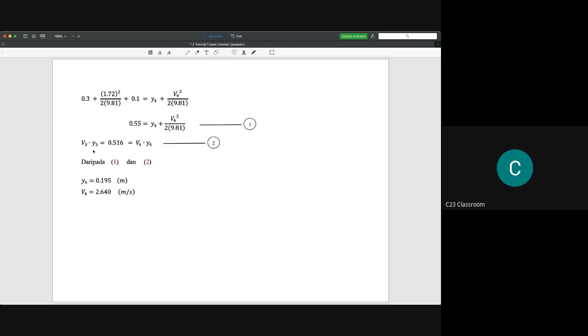V3Y3 is equal to 0.516, which we calculated previously, and it is also equal to the flow rate at point number 4. So we have 0.516 equals V4Y4 as equation number 2. Then we could use these two equations to calculate the values of Y4 and V4 as shown here.